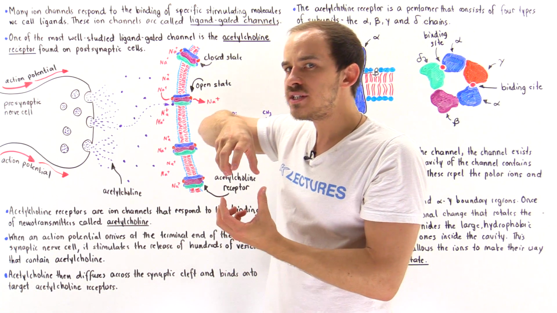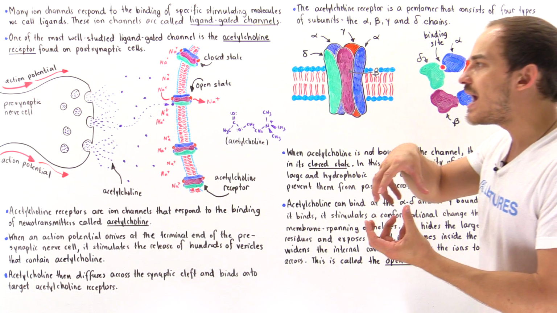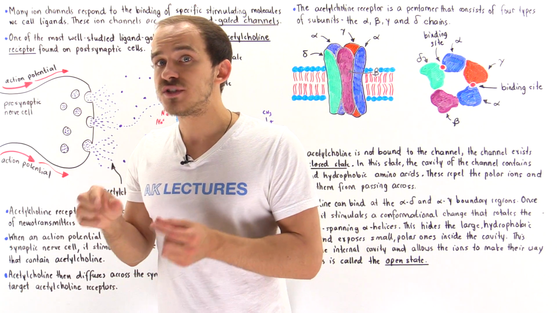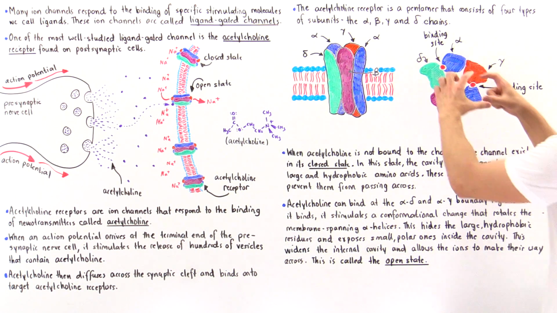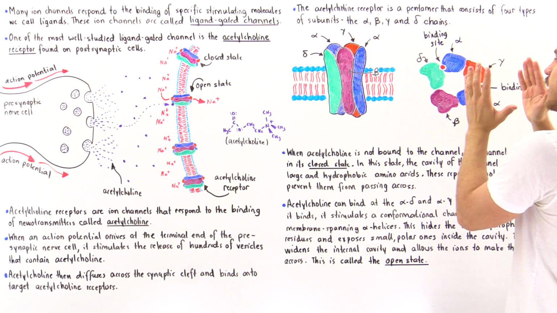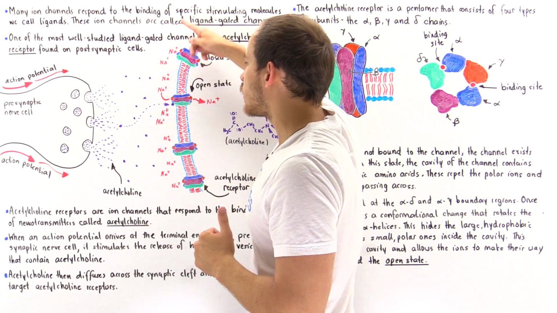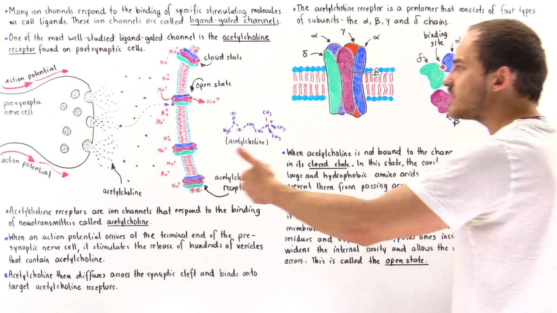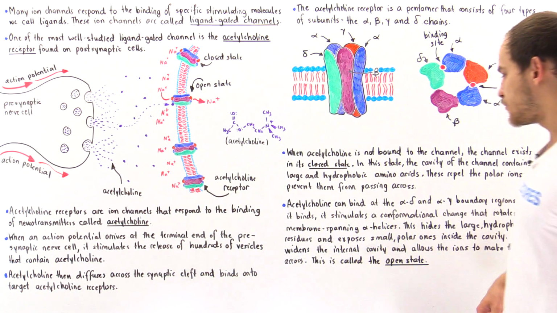When these alpha helices rotate, they essentially hide the large hydrophobic amino acids, and they expose small and polar amino acids. That ultimately increases the size of that cavity and the size of the opening. And because we have the polar amino acids, these polar ions, the sodium ions in this case, can easily move across and dissolve in these cavity regions within the channels.